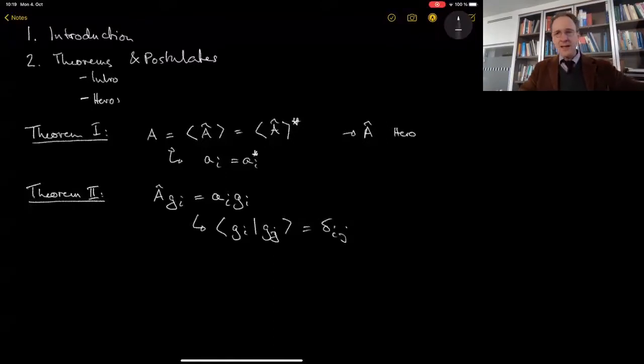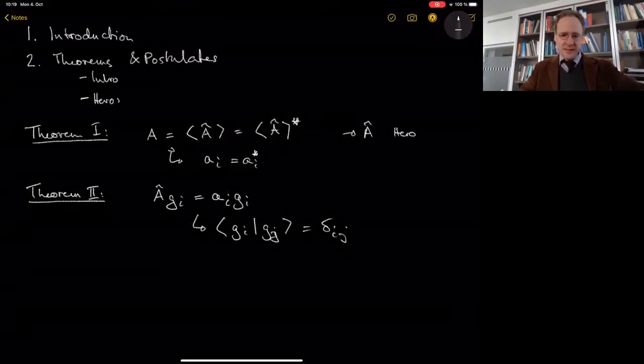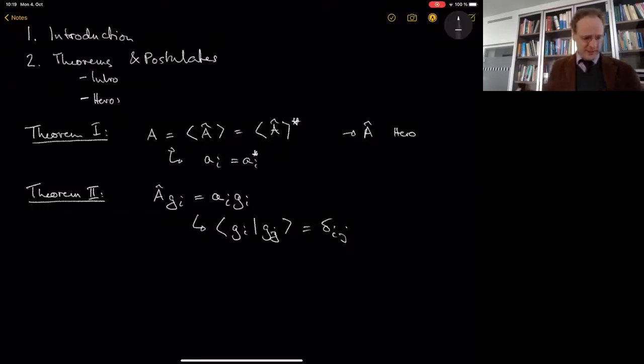So we can briefly demonstrate this point. Easy to demonstrate.